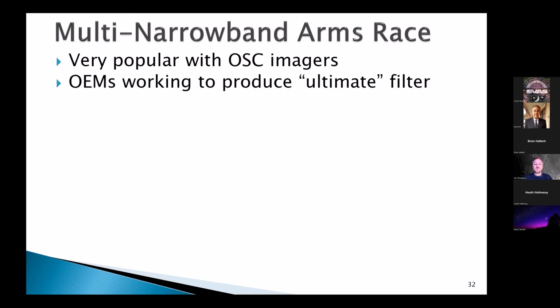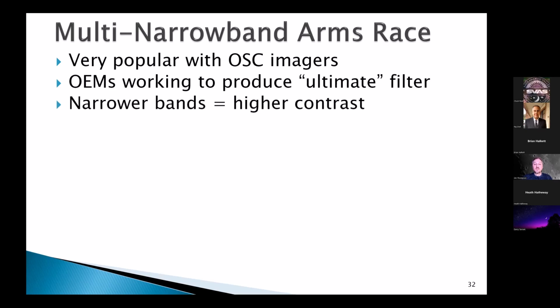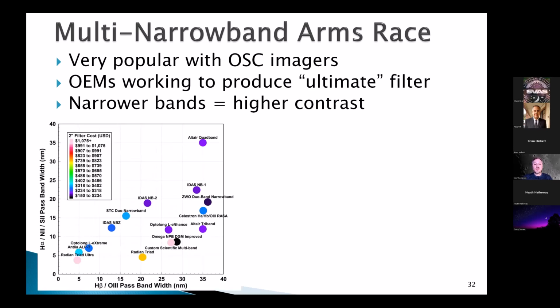They have worked to produce filters with progressively narrower bands in order to increase contrast to the max. Presently, there are 15 different models of multi-narrowband filter available commercially. I have plotted them here in terms of the width of their oxygen 3 and hydrogen alpha bands. The dot color denotes the cost of each filter.